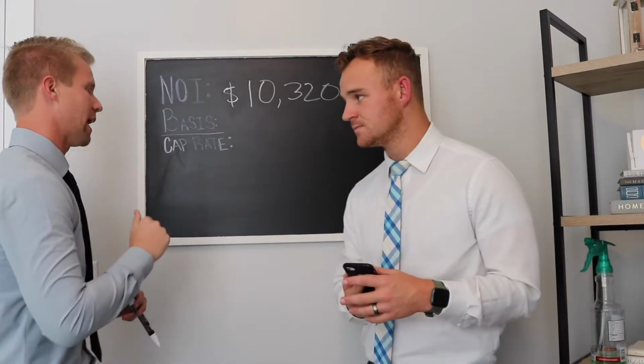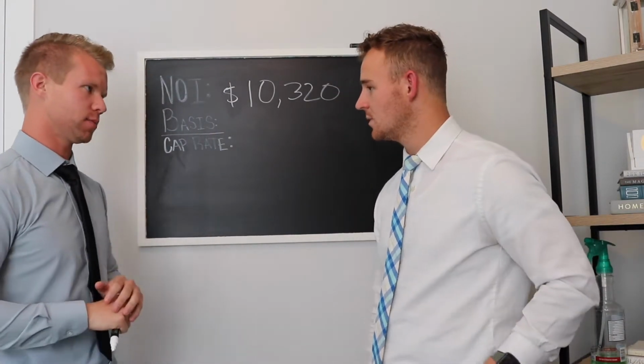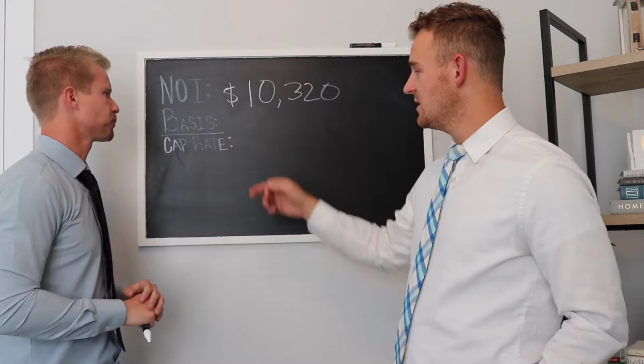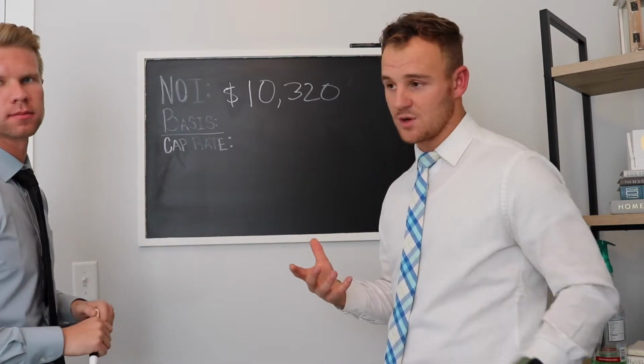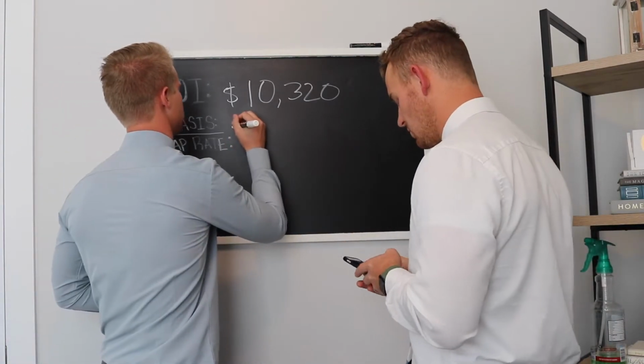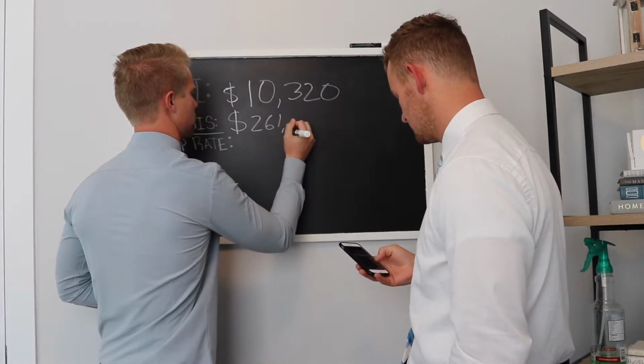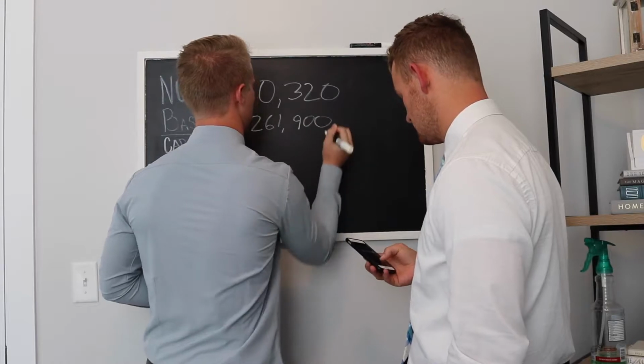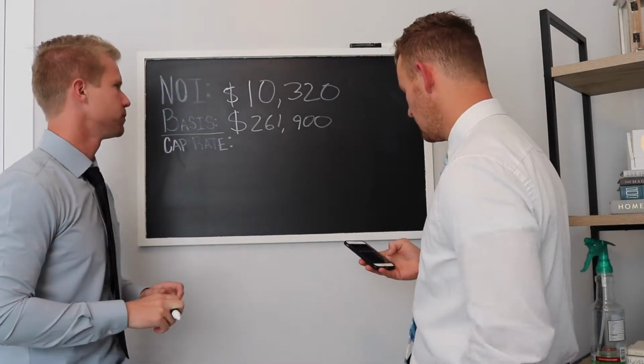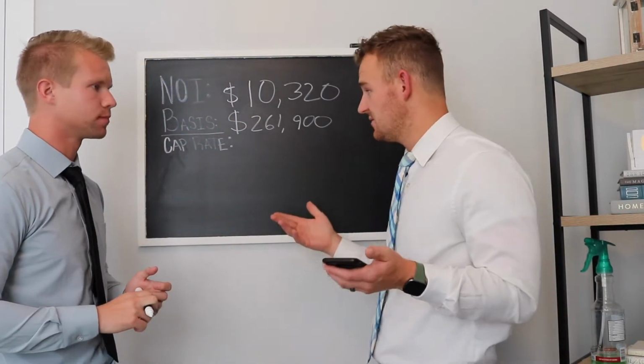Awesome. So that is your net operating income. What's next when it comes to calculating cap rate? So next we need our basis. The basis is going to be what I paid for the property. And when we bought the property, we paid $261,900. And then all that's left is you simply divide the two, right?